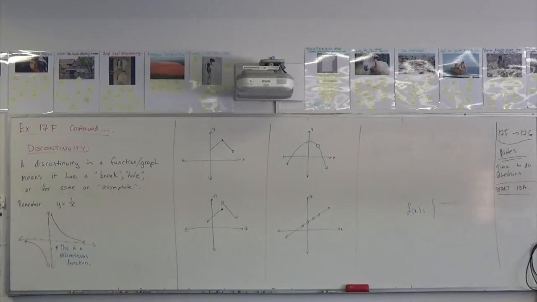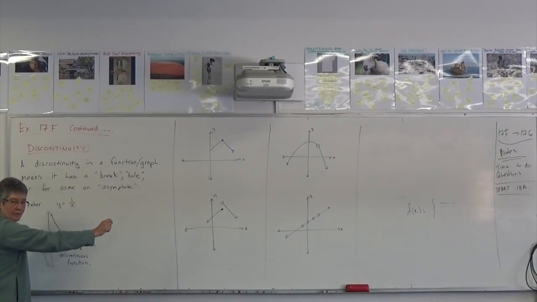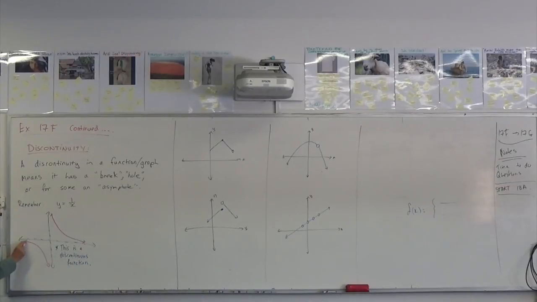So basically from this end, if I was starting from here, can I get all the way to the other end and follow the graph without a break? So if I start here, I'm going down there. Then I've got to actually lift my pencil or pen off and go to here. Yep. So if I have to take my pen or pencil off, then it's discontinuous.